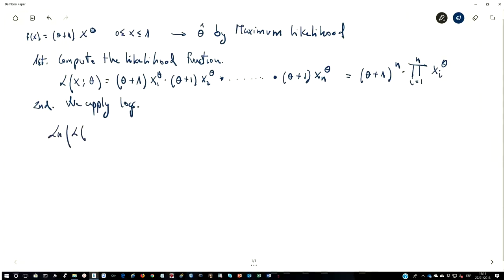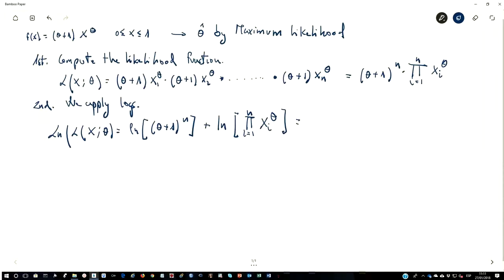So we apply natural logs to the function, so we have the natural log of a product, that is a sum of the natural logs. So we have the natural log of the first part of the expression, theta plus 1 to the power of n, plus the natural log of the second part, the product from i equal to 1 to n of x sub i to the power of theta.